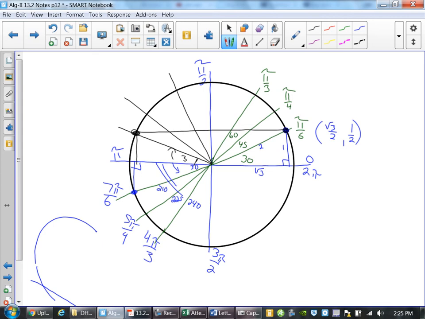So this is 30 degrees up, which means what's 30 degrees up from 180? 150. What's pi over 6 up from pi? What's 1/6 less than a whole? So this is 5 pi over 6.